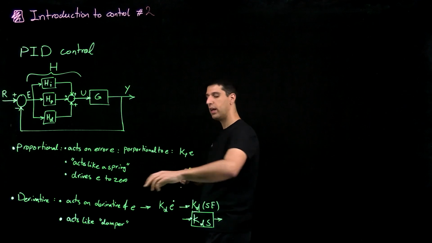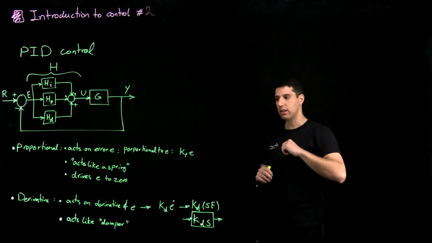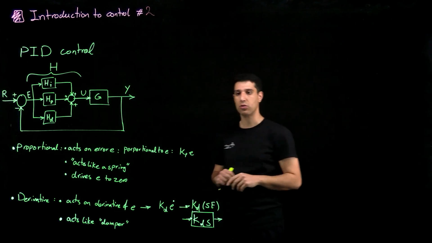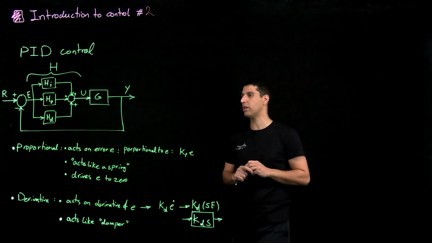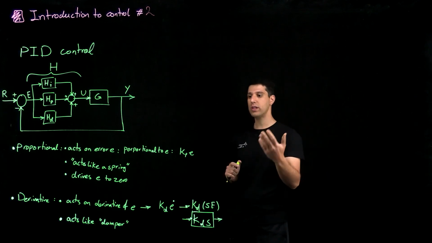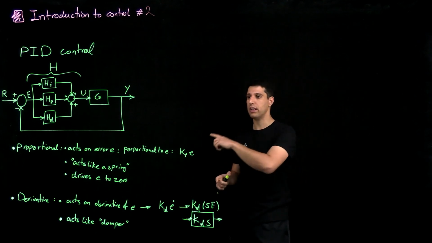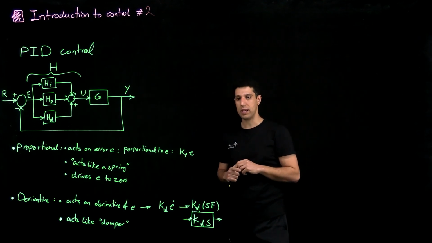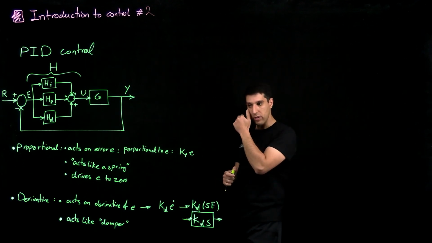The other thing is it makes your system move faster. So the control input will be stronger given the same amount of error. So by increasing your gain, you are essentially making your controller stronger, and it increases the speed of your output trying to reach the reference value.